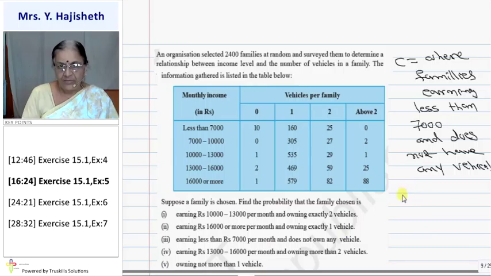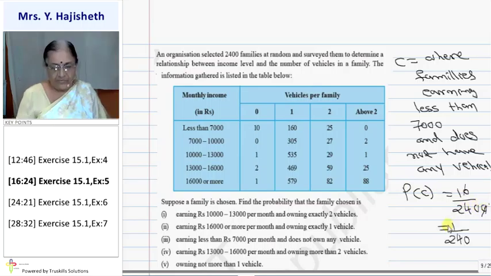So here my P(C) is 10 by 2400. Clear? 1 upon 240.